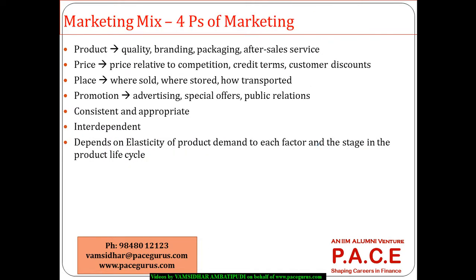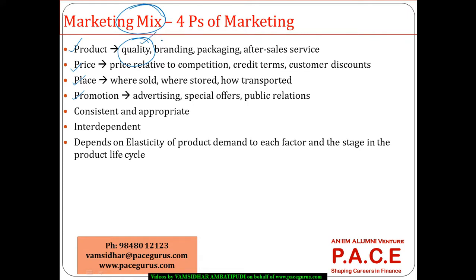Whenever we talk about marketing, the first thing that comes to our mind is the marketing mix. How do I choose the mix? For that, the broad guidelines are the four P's of marketing. Very common in any marketing subject: product, price, place, and promotion. Whenever I have to decide what features to design with respect to the product, a few things I always keep brainstorming.